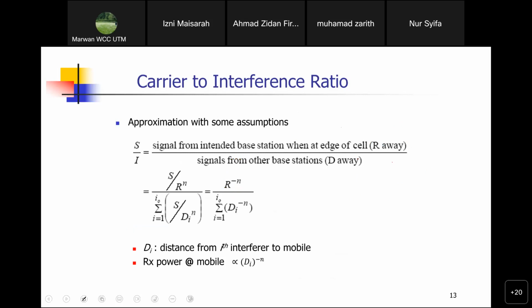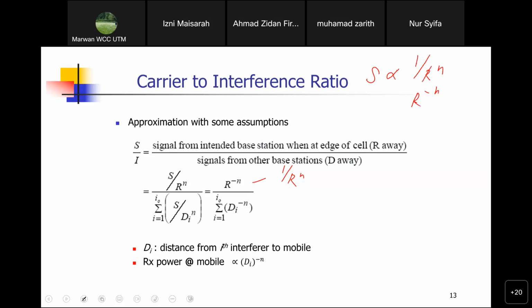So if you look at this, we do remember this is 1 divided by R. So your signal is inversely proportional to your distance. Or if you want to write it, R to the negative N. This is what you do.